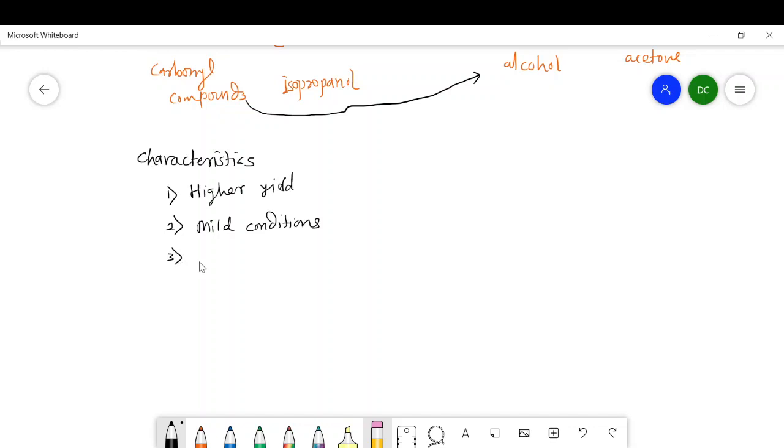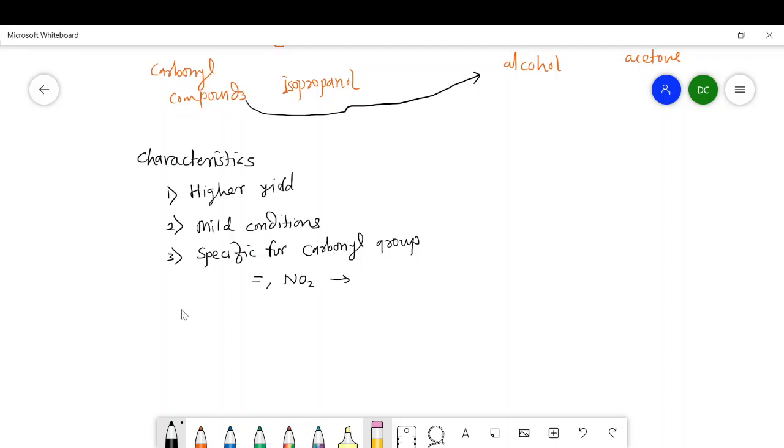The third advantage is that it is specific for carbonyl compounds or the carbonyl group. It means that if the compound possesses a double bond or NO2 group, then this type of functionality doesn't undergo reduction. So this reaction is not useful for the reduction of this double bond or reduction of this NO2 group into the corresponding NH2 group. It means that this reaction is specific for the carbonyl group.